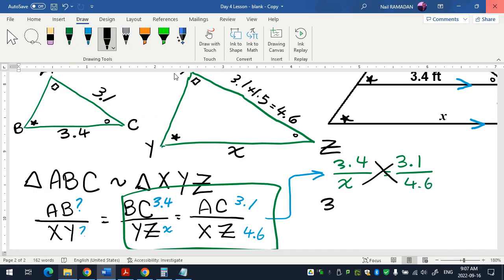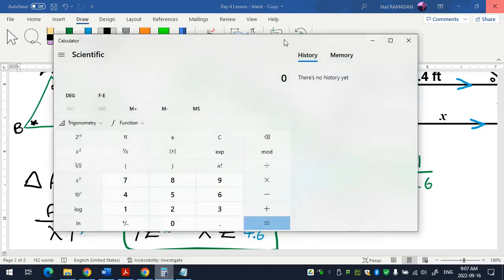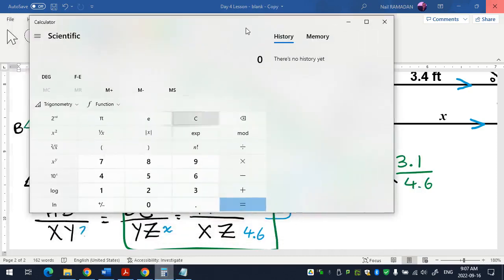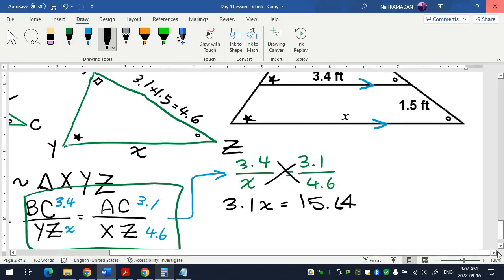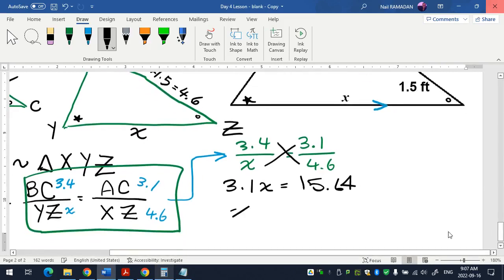I get 3.1 x. What do I have? 3.4 times 4.6 is 15.64. And that leads to a final answer of x equals 15.64 divided by 3.1.